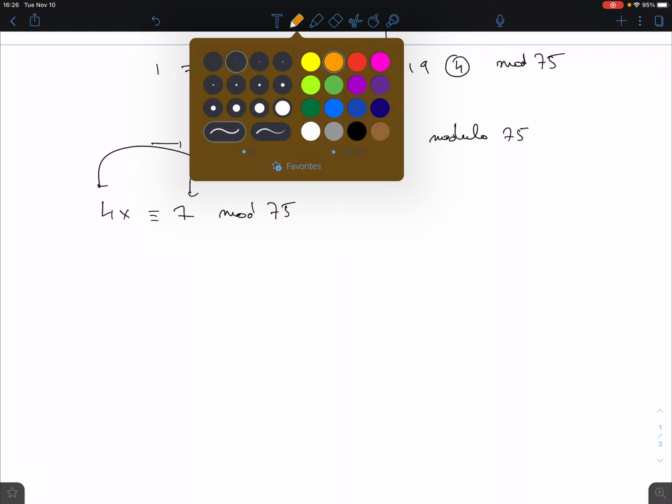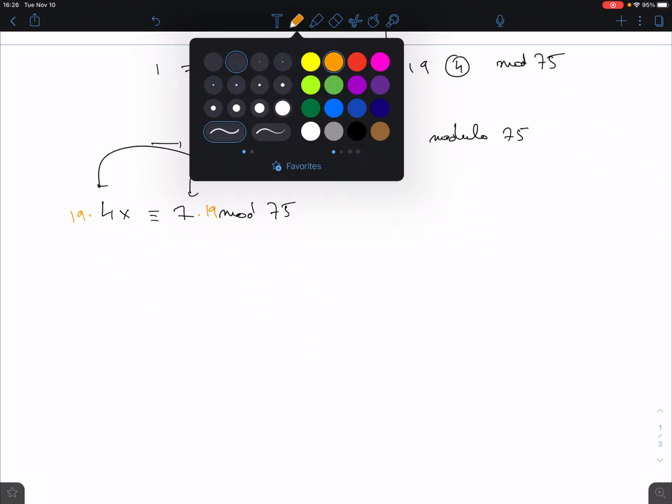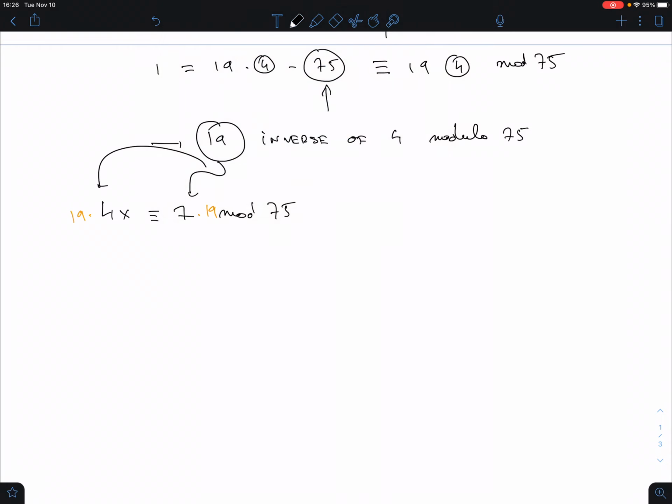So we do times 19 and we do times 19. Now, you can calculate what this is, 19 times 4, but we know it's equivalent to 1 mod 75. That's the whole point. So let's not waste our time calculating something we know already. So this is 1 times x, which of course is just x.